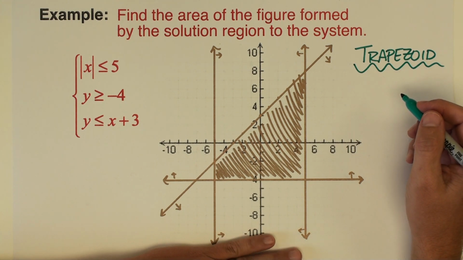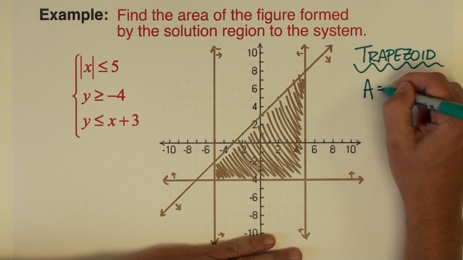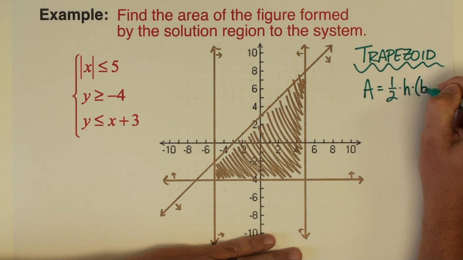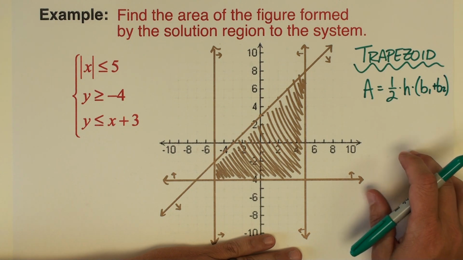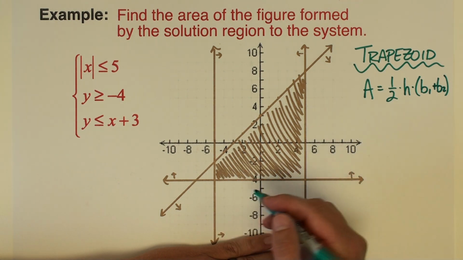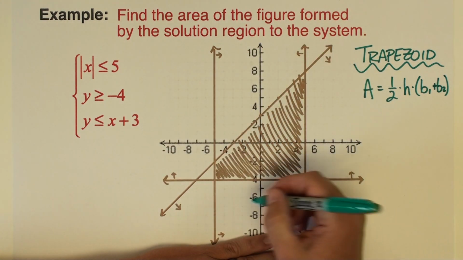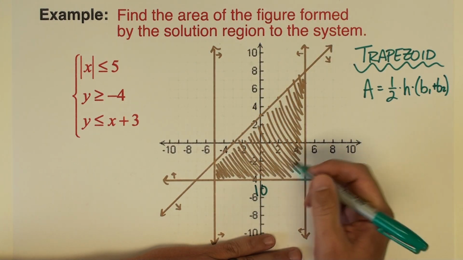And how do we find the area of a trapezoid? The formula for area of a trapezoid is one half times its height times the sum of its bases. Our height is the distance between the two parallel sides, so this is 10.